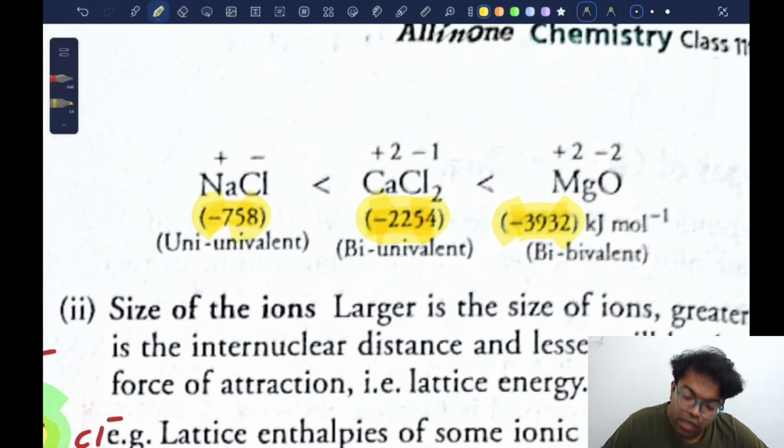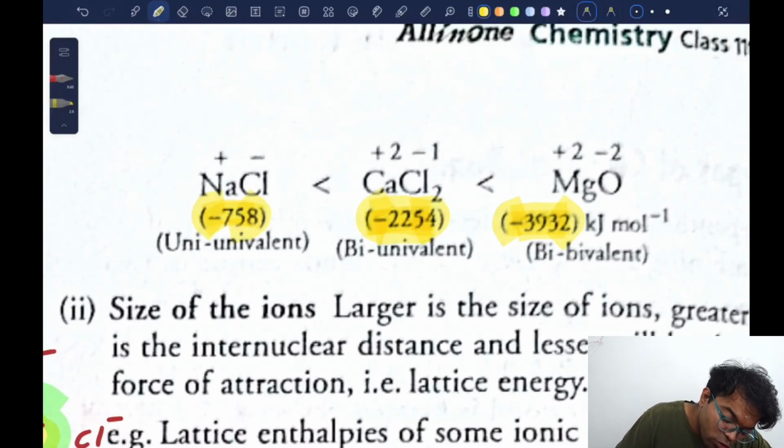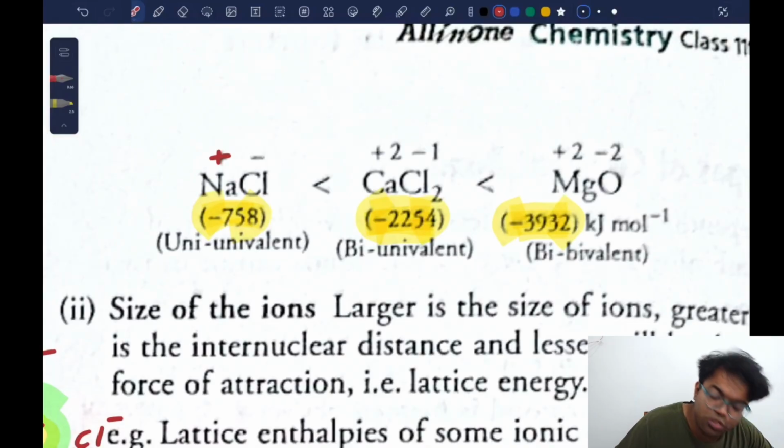What do you observe here? The more charges present on the individual ions, the more difficult it is to break them into their individual constituents from the ionic lattice. Did you understand this? In sodium chloride, sodium and chlorine only have +1 and -1 charge. In calcium chloride, calcium has +2, but chlorine only has -1.